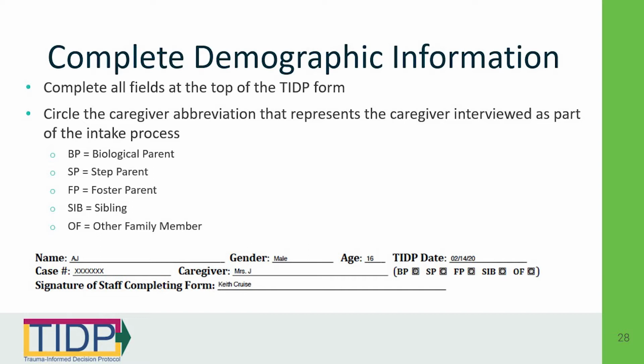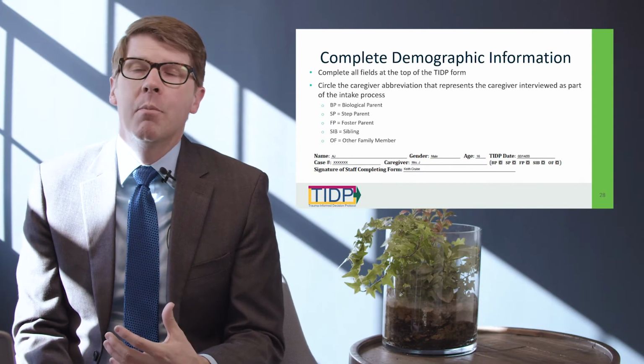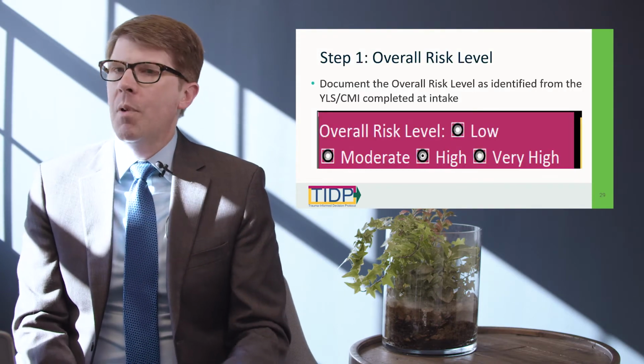And so there's a spot to list that specific caregiver, and then you want to give an indication about the relationship between that caregiver and the youth: biological parent, step parent, foster parent, sibling, or other family member. And there's also a spot for you to sign or put your name as the staff member who's completing the TIDP as well.